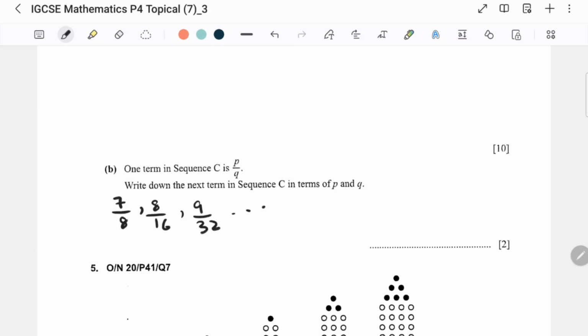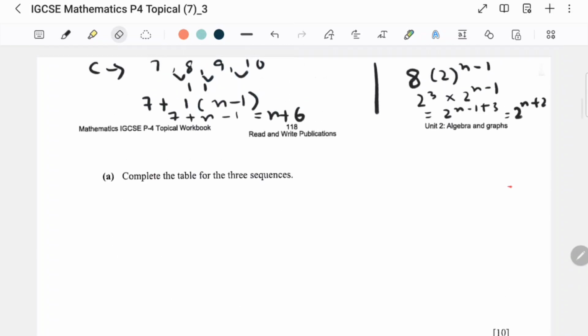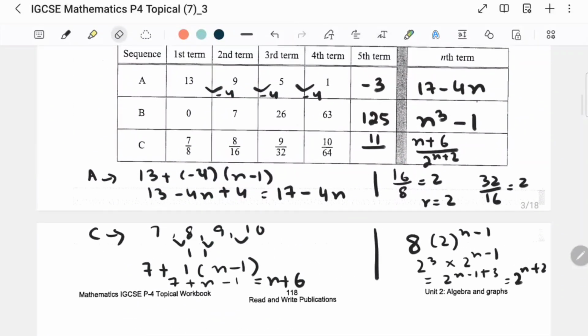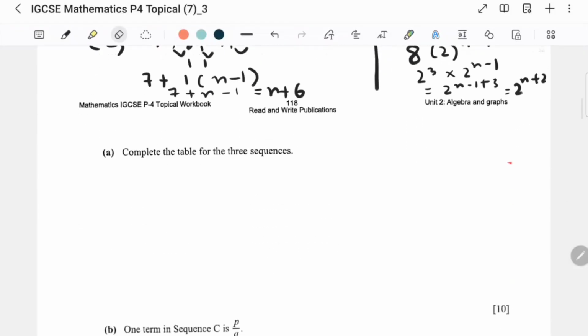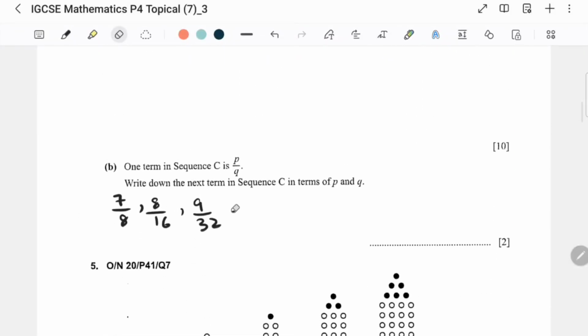Okay, so what do you know? If you just take the first one, p is 7 and q is 8, that is 7 plus 1. Write down more also, then you can analyze this: 9 upon 32, 10 upon 64.